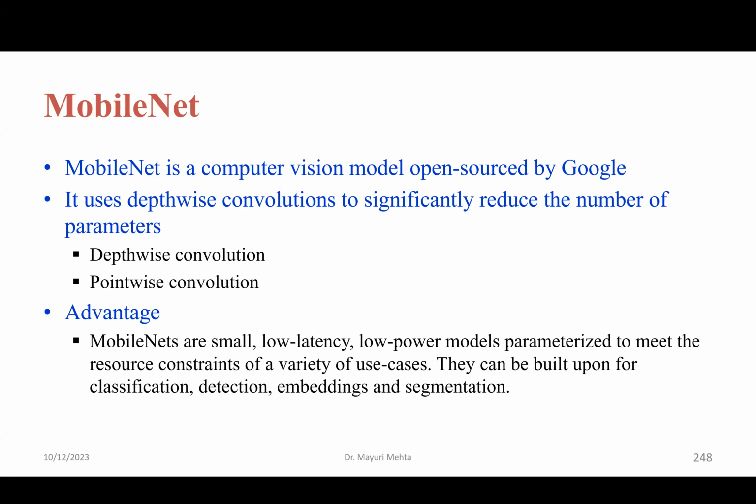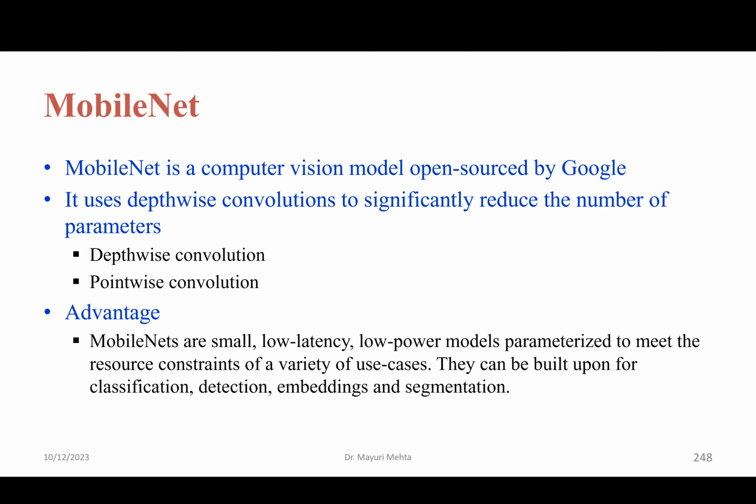And what are the advantages of MobileNet? As you can see here, MobileNets are a family of mobile-first computer vision models for TensorFlow, designed to effectively maximize accuracy while being mindful of the restricted resources for an on-device or embedded application where we have limited resources.